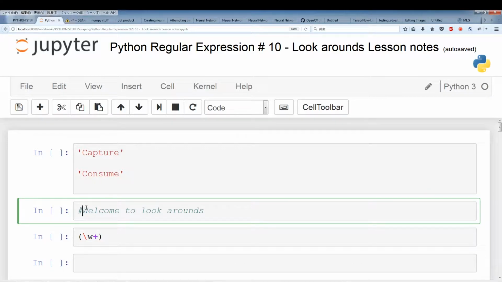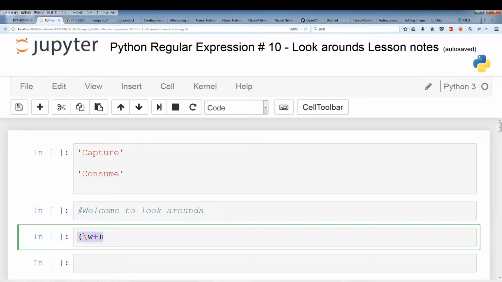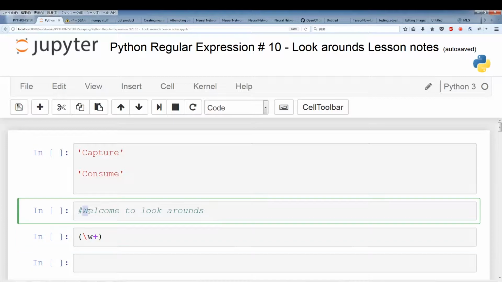Anything that's consumed is considered a match to the regular expression pattern, and that moves the cursor. That's the main thing I want you to take away from this: anything that consumes essentially moves the cursor. In this case, this pattern will consume this entire portion of the string and the cursor will go here.